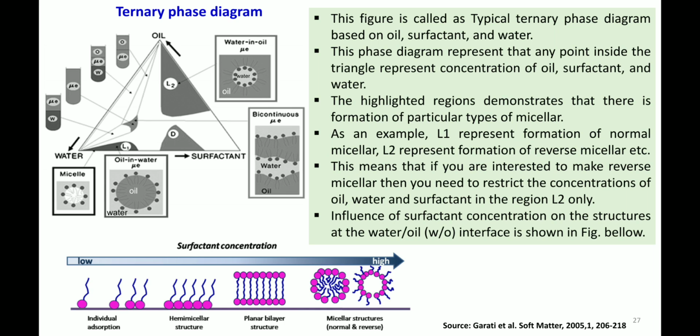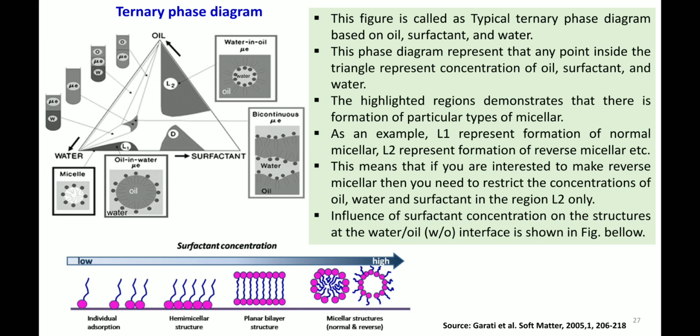If you keep water constant and change the concentration of surfactant and oil, then you will get one phase, that is L2. If you vary the water and surfactant and keep oil constant, then you will get another kind of region.